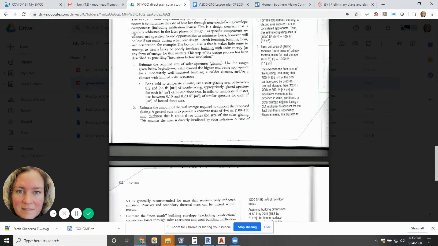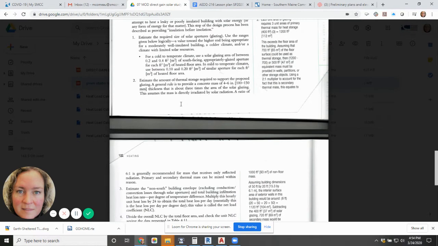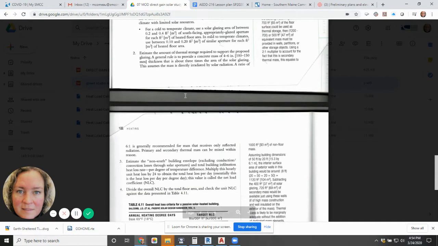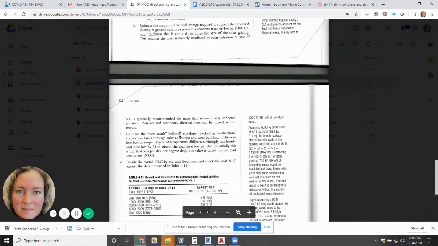I've got a concrete mass of 6 inches, and it can hold about 3 times the area of the solar glazing. So that's the ratio. It's a 3-to-1 ratio. And that's going to be important for us to use that information properly to calculate the rest of this.